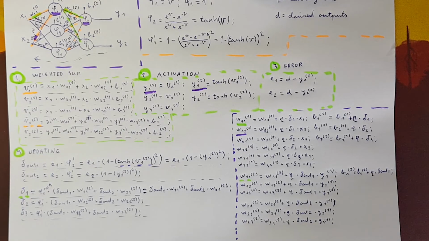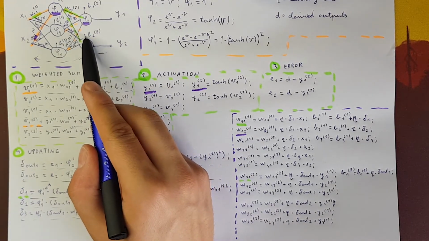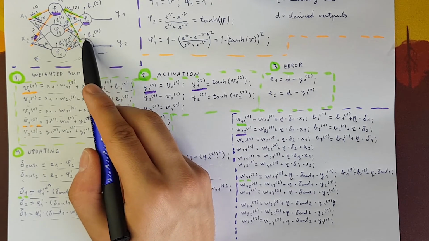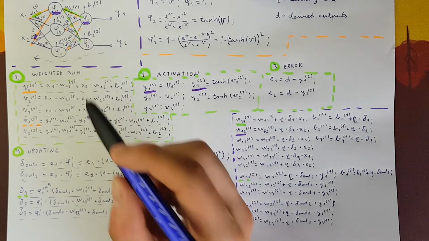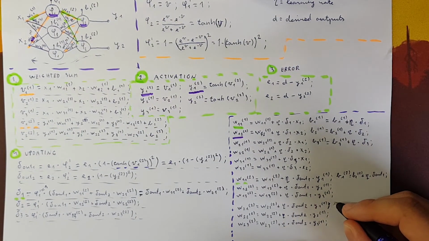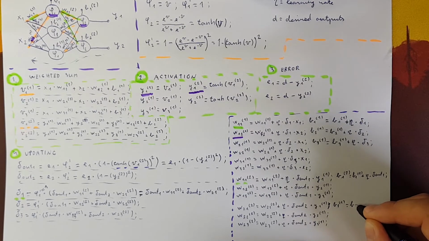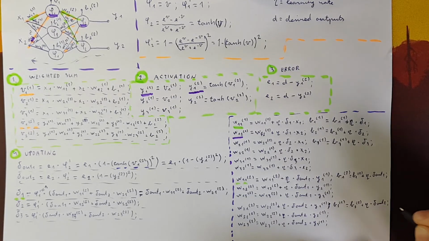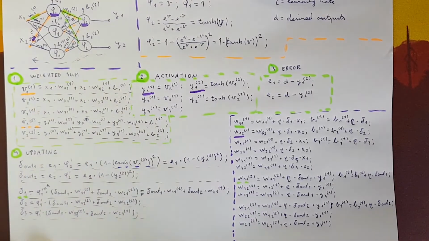And we do the same for the b2 of the second layer. So b2 of the second layer would be b2 of the second layer added learning rate multiplied by delta out 2, because it's for the second neuron.